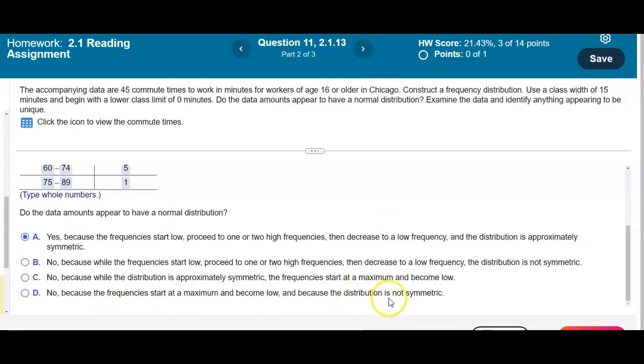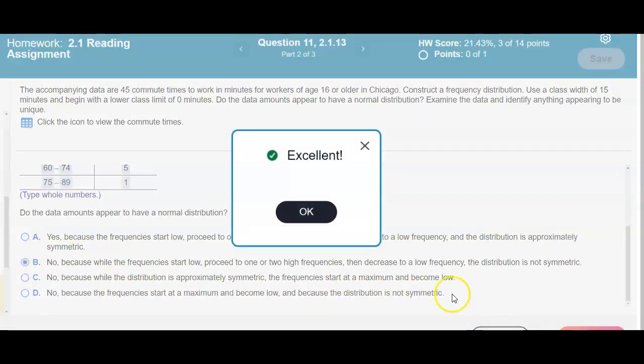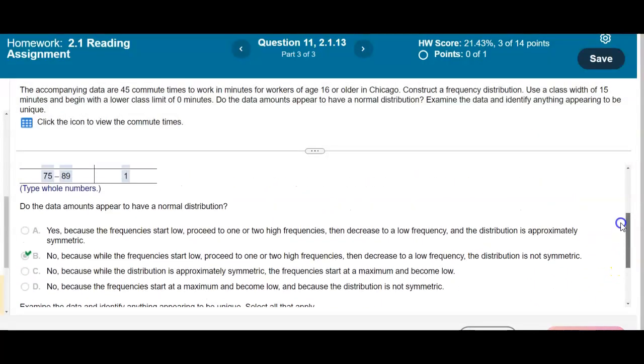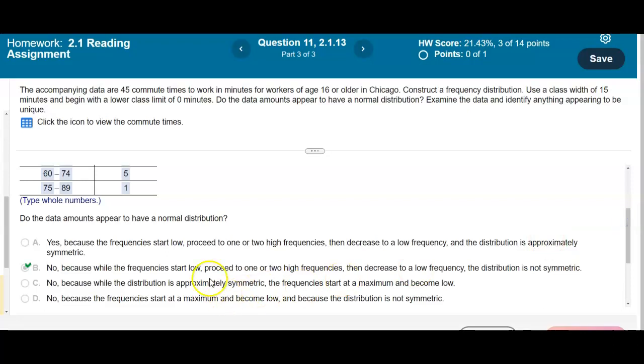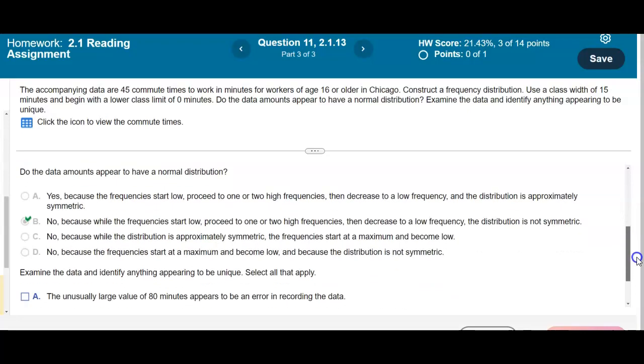So we're going to say B, and that is our result. The reason is that it does start low, proceed to 1 or 2 high frequencies, and then decrease to a low frequency. The only thing is, it's not symmetric, because the higher numbers would have to be in the middle for it to be approximately symmetric.